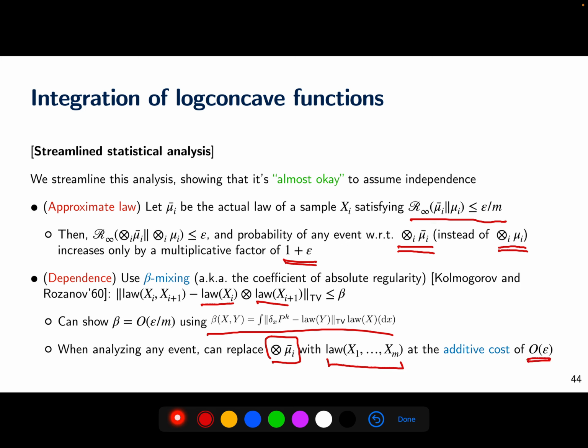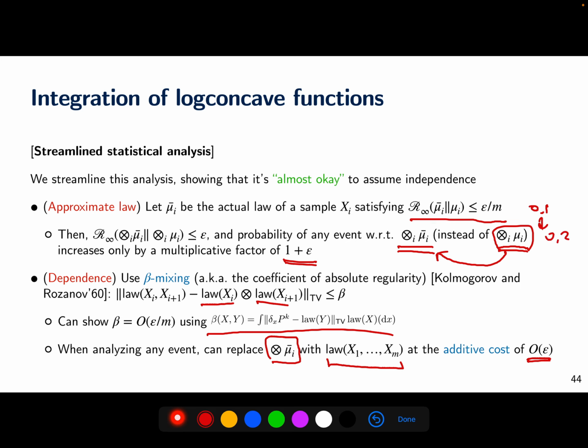So the overall approach is that we first do the analysis with respect to the independent distribution, and then bound the bad probability. Suppose you bound a bad probability by 0.1, and then by changing the reference measure to the approximate distribution, maybe this goes up to 0.2.